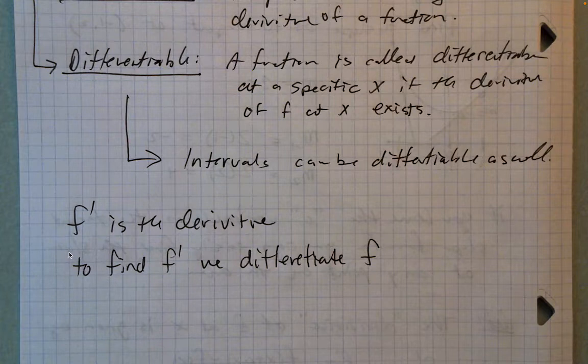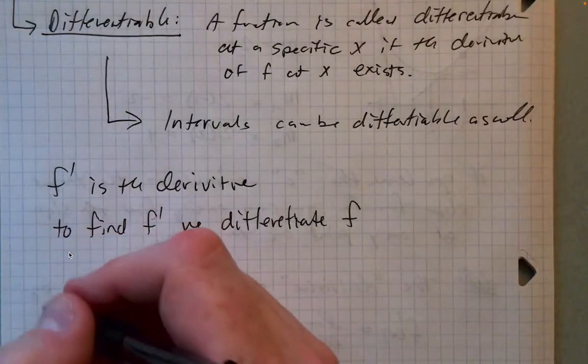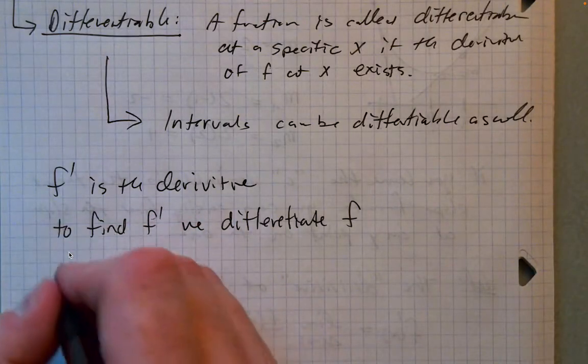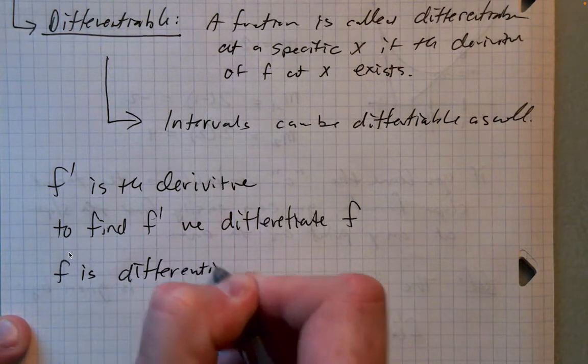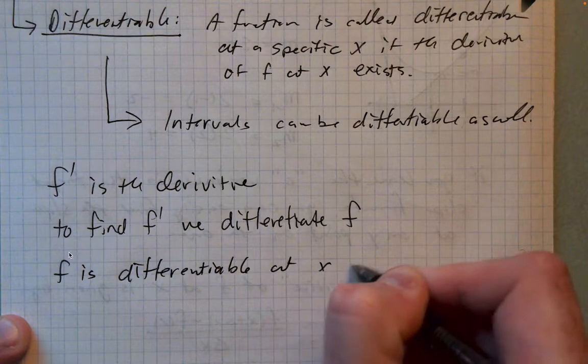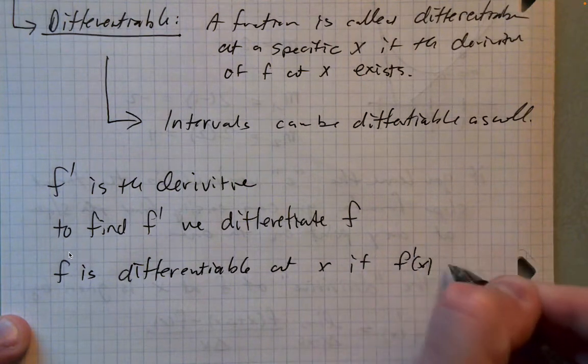F prime is the derivative. To find f prime, we differentiate f, and we say that f is differentiable at x if f prime of x exists.